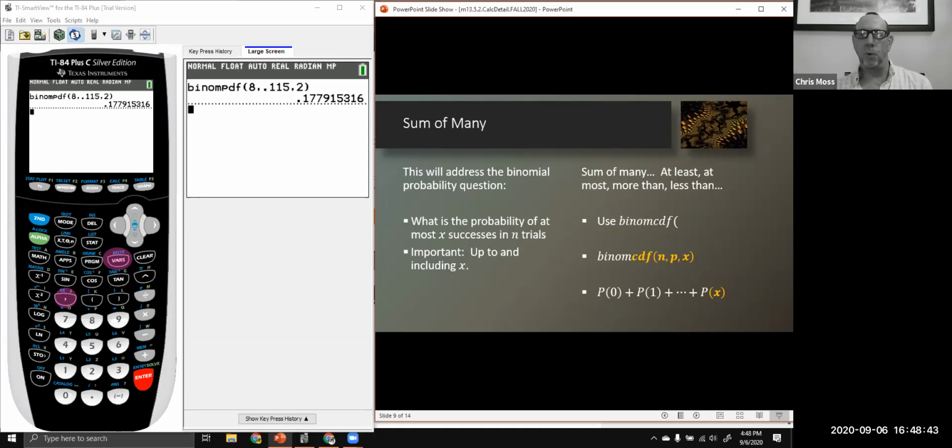So there is no possibility of any sort of double count as we encountered back in chapter 4, and we get to sum the probabilities directly. So 0 through X, I could find all those probabilities using the previous tool, write down all those decimals, add them all up. That's too much work for me. So we have our calculator do the summation for us, and everyone's happier for it.